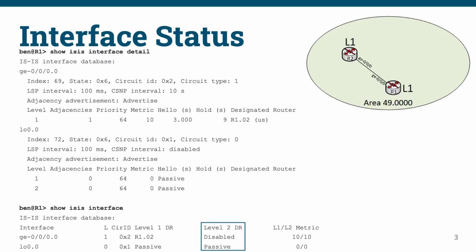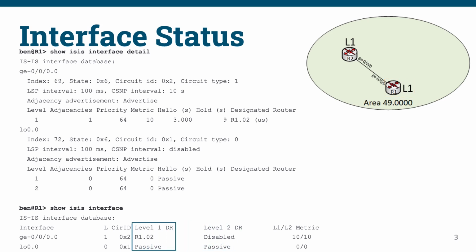This can be different from the Level 1 designated router on the same interface, as both Level 1 and Level 2 adjacencies may be formed on an interface by default. In this case, we see that Level 2 is disabled for this interface. The router has been configured as a Level 1 only router, as we saw in the diagram.